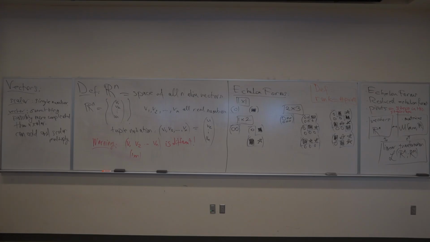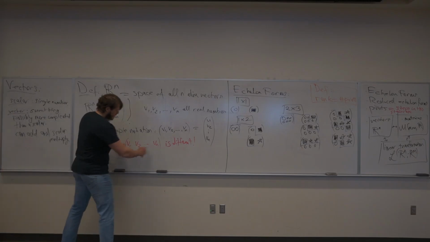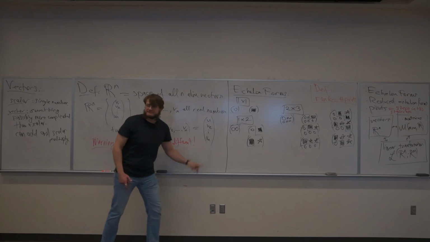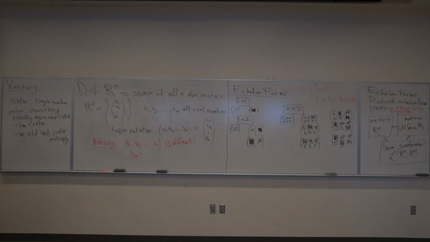Next week, we're going to introduce an operation on matrices. This is what is called taking the transpose. And we're going to say this 1 by n is a transpose of this n by 1. I'll write it here.